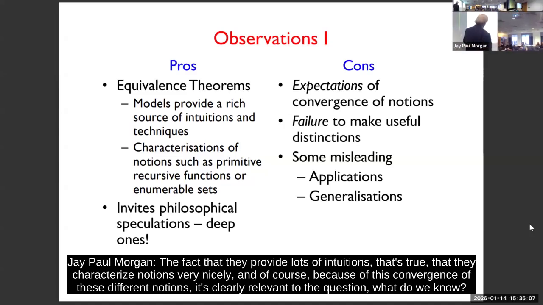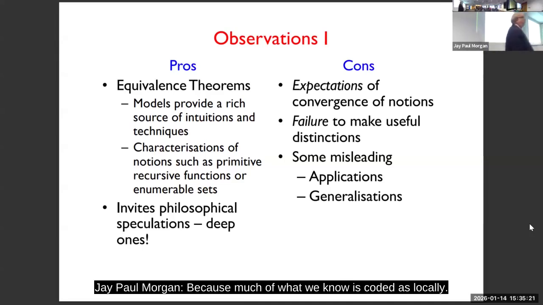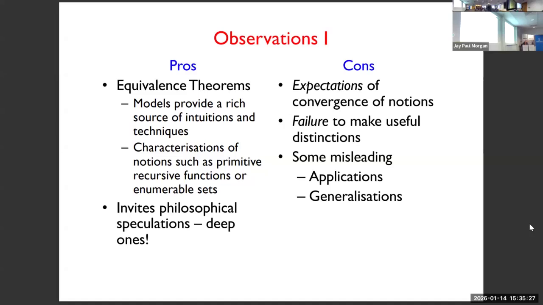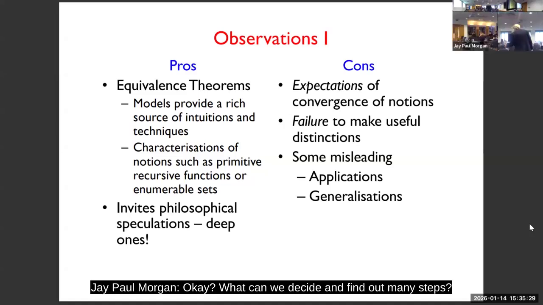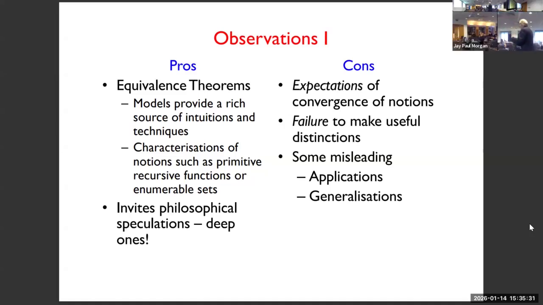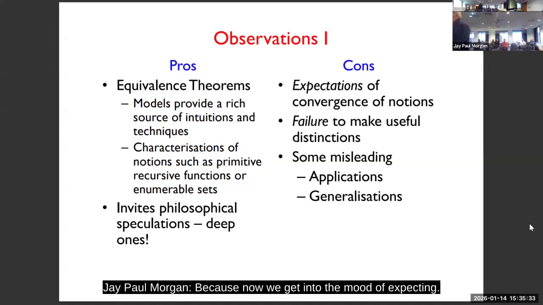The fact that they provide lots of intuitions is true, and they characterize notions very nicely. And because of this convergence of different notions, it's clearly relevant to the question, what do we know? Because much of what we know is coded as what can we calculate? What can we decide in finitely many steps?